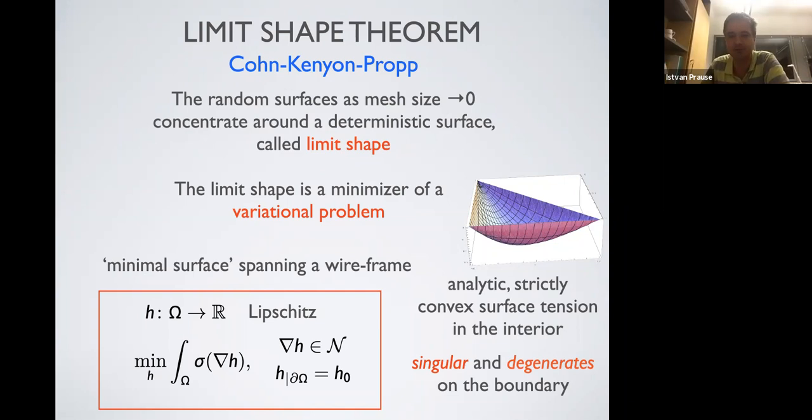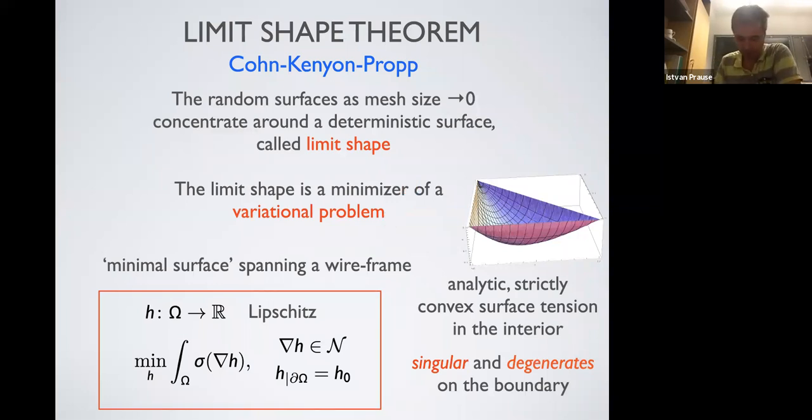So this is the limit surface in R3. Moreover, in this limit the randomness disappears and you get something deterministic. And moreover, this limit shape is a minimizer of a variational problem.